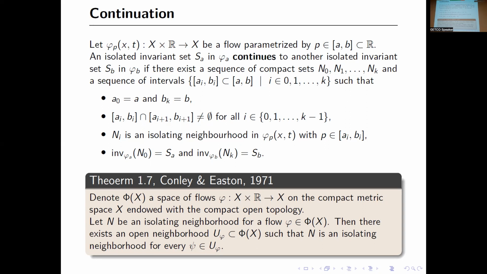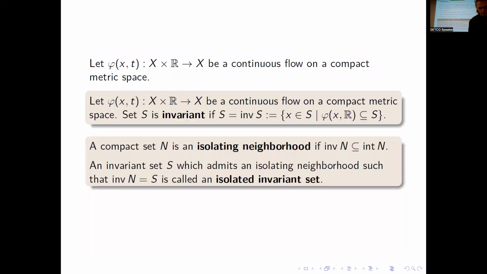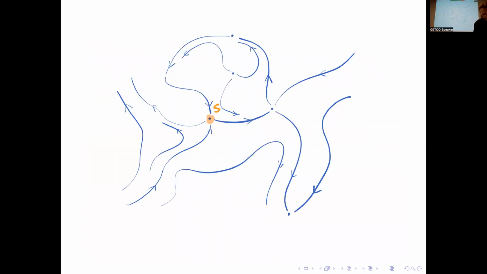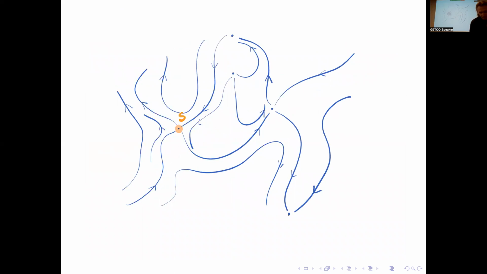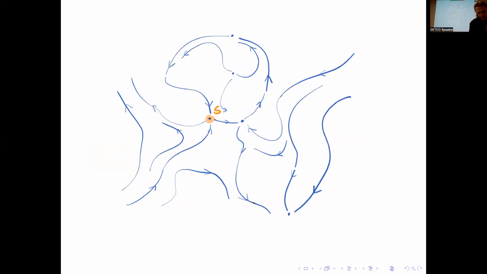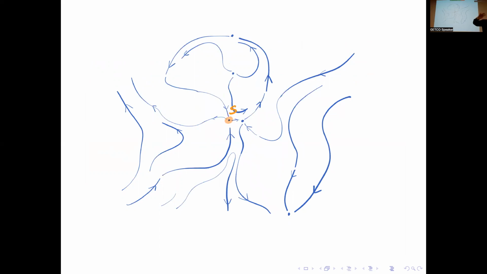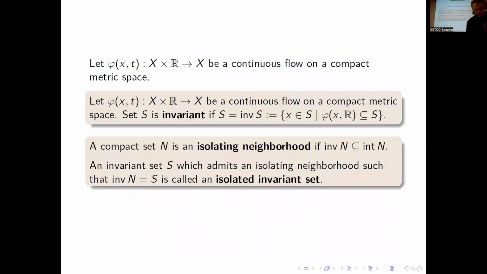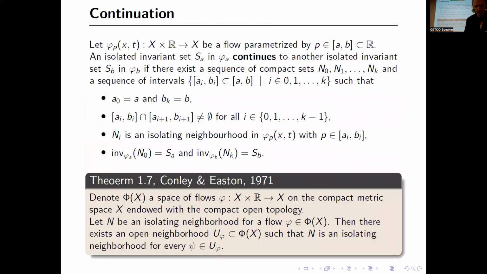Or we would like to say that SB is a natural successor of SA that we have seen before. From the picture, it is natural for us that this saddle is the same saddle as this one, but it just moved through this space. So continuation captures this idea of how we can relate isolated invariant sets.